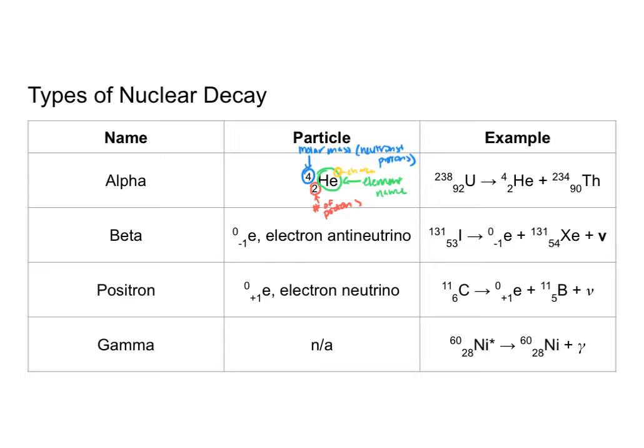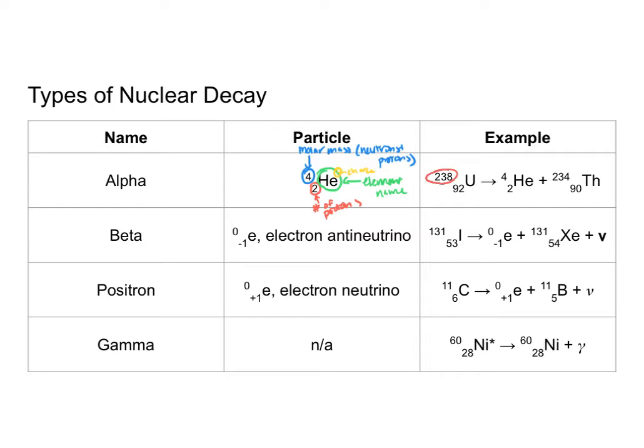Anyhow, in alpha decay, whatever our parent nucleus is, it's going to release a helium nucleus and is going to then turn into an element with 4 fewer nucleons and 2 fewer protons. So a good example of this is U-238, which decays into helium and thorium. So we can see here that the total number of nucleons, the total number of neutrons and protons, is constant.